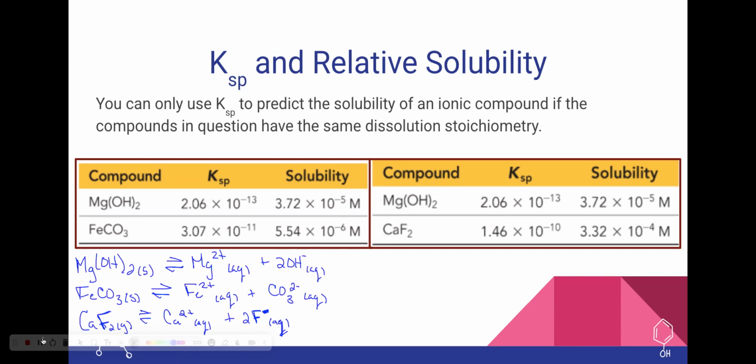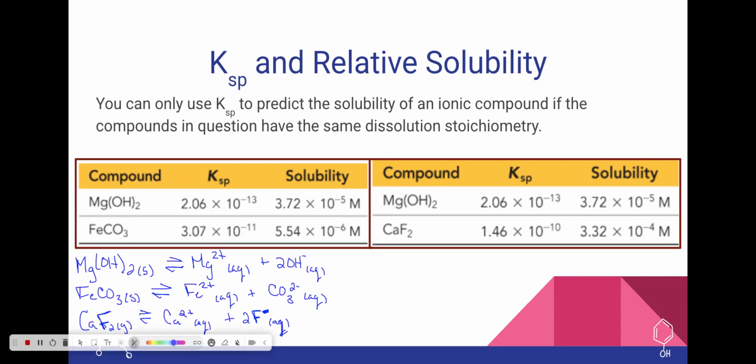All right, everyone. So now that we have the 3 dissolution reactions for these 3 ionic compounds, the only way that we can compare them is if they have the same stoichiometry. In other words, they have to break apart in the same ratio.